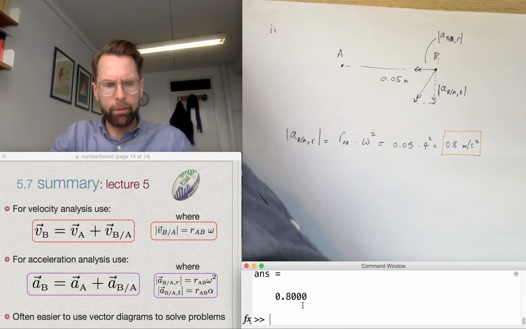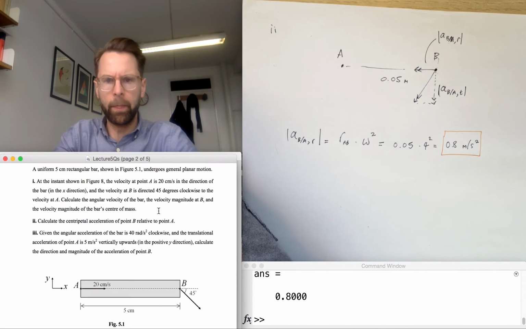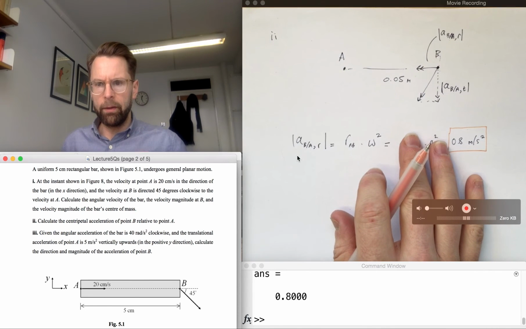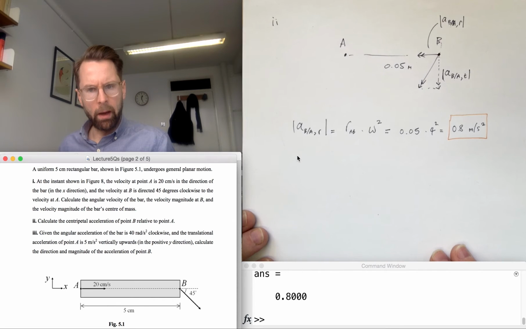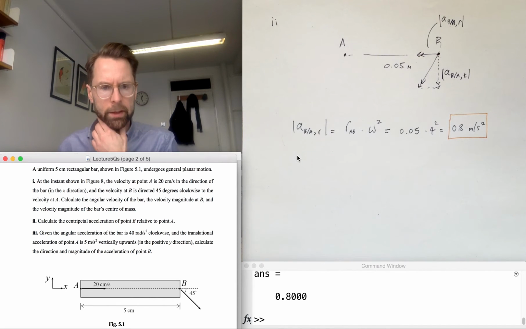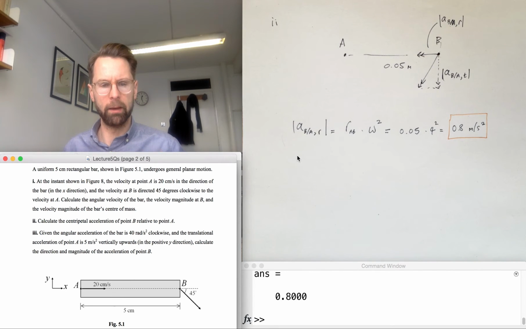Now part 3, this is the trickier part. And in the text solutions, it's maybe more complicated than it needs to be. So I'm going to try and solve this graphically, and hopefully it will make a bit of sense.